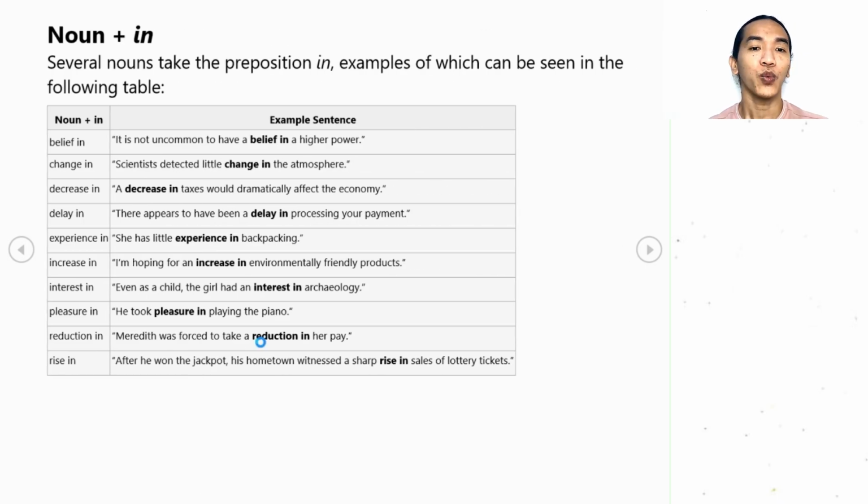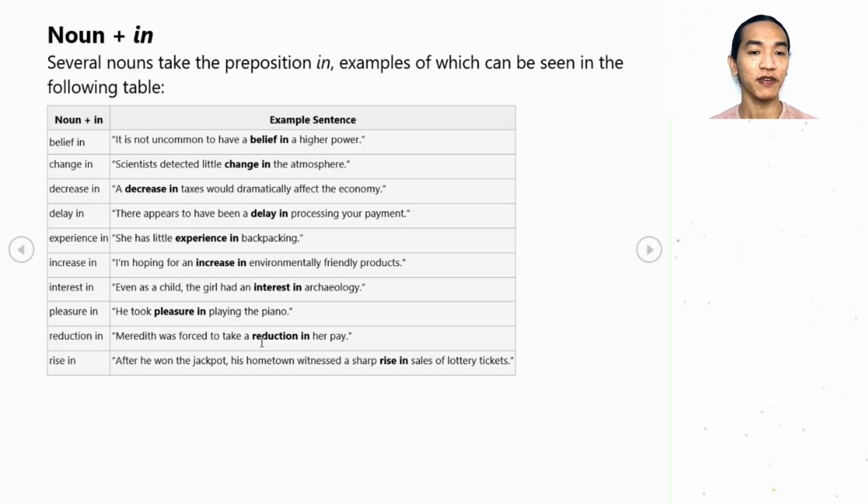Next we have noun plus in. So let's see. Belief in. It's not believe in. This is belief because belief is a noun. Okay. Change in, decrease in, delay in, experience in, increase in, interest in, pleasure in, reduction in, and rise in.